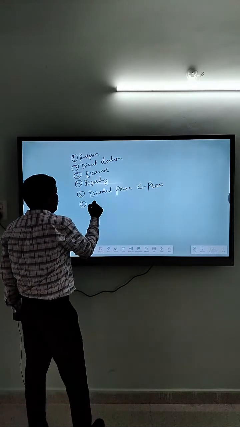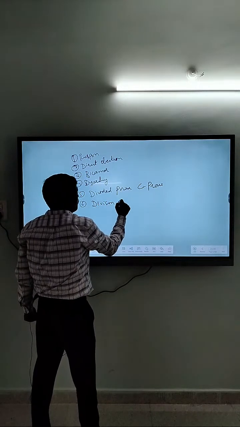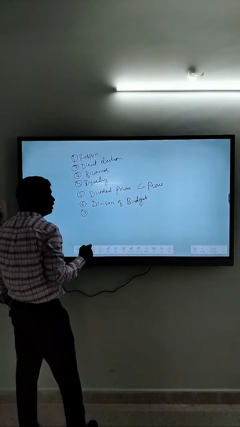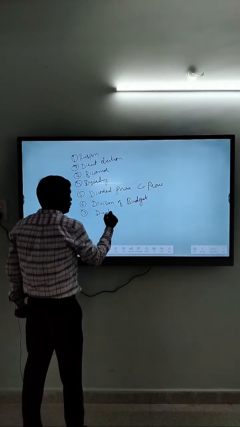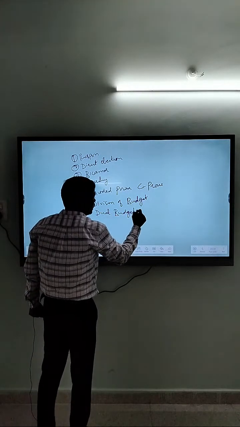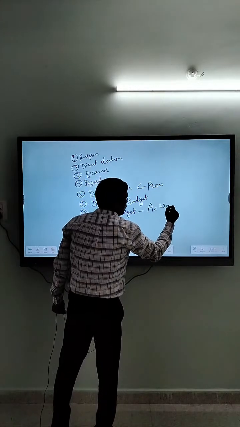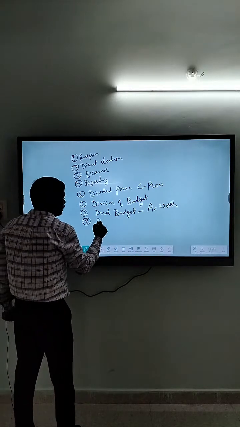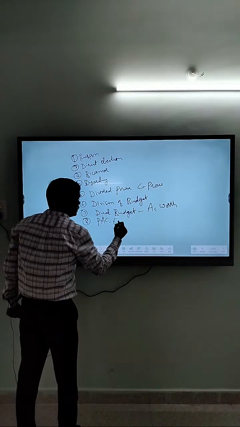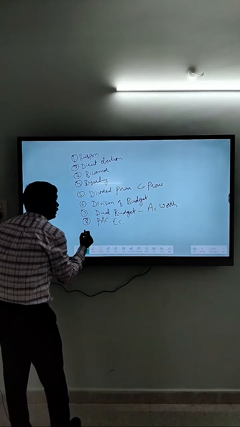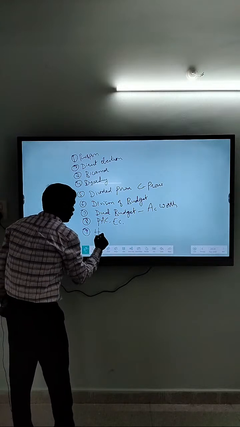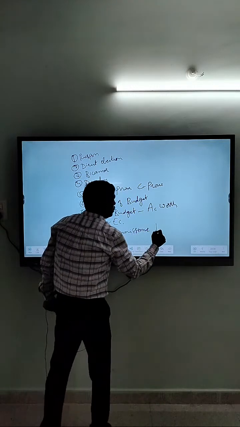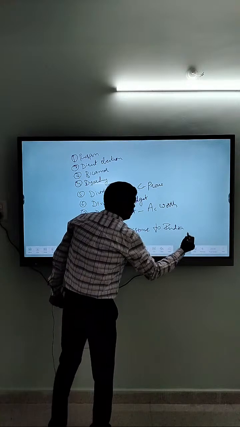Division of budget, dual budgeting, was introduced on the recommendations of the Acworth Committee. It created the Public Accounts Committee and the Estimates Committee. It created the institution of High Commissioner to India.